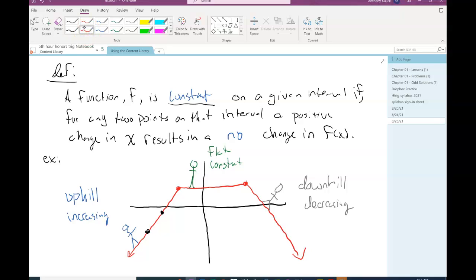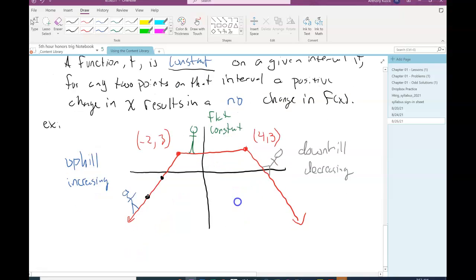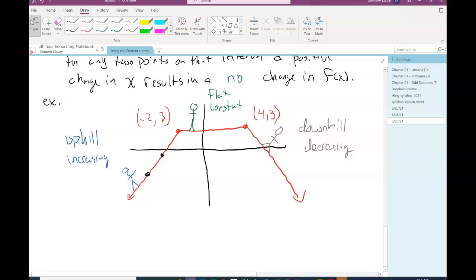Okay, let's add in a couple of coordinates here so that we can write our intervals of increasing and decreasing. I'm just going to make up some labels for these points that look reasonable. So our first section is this uphill section.